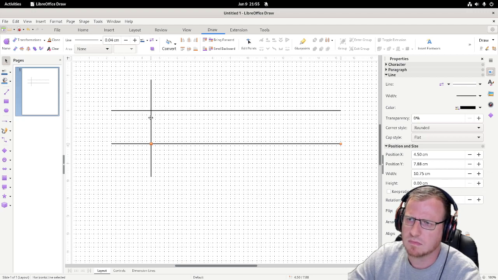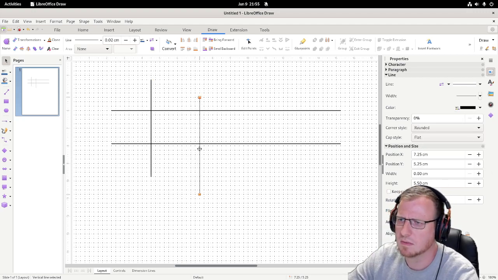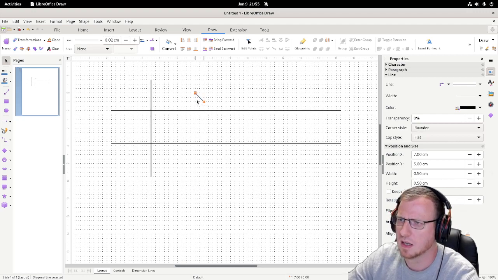So I make a little X because I want to simulate a switch, and then copy this.